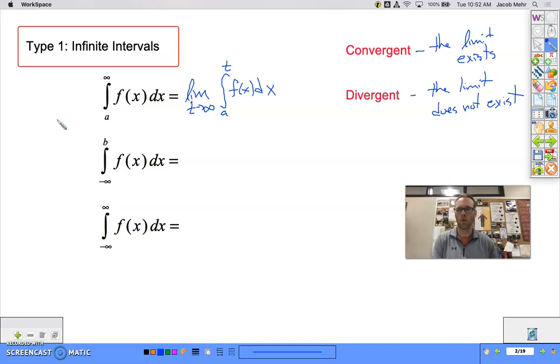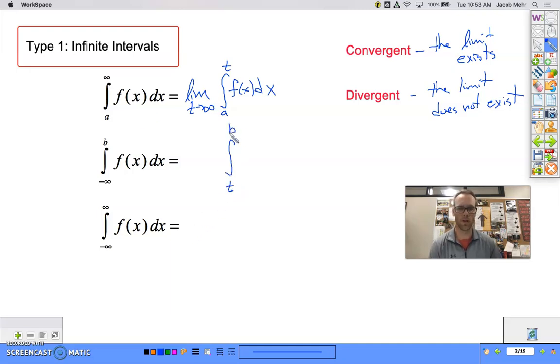All right? So what if, instead of going from a to infinity, like 1 to infinity, our last example, we wanted to go from negative infinity to some b? So think like negative infinity to 1. Well, just like before, we're going to change anything with the infinity to the variable t.